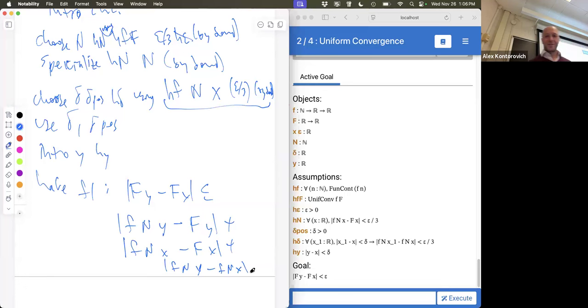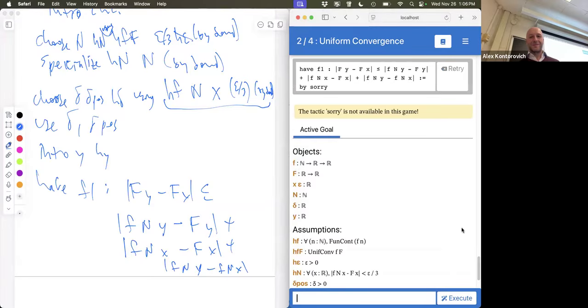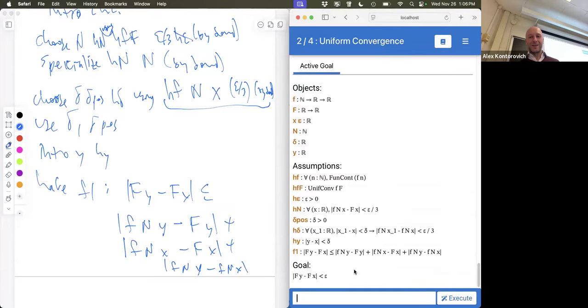In the interest of our sanity, Fy minus Fx is less than or equal to, if you can get within, I'm just adding and subtracting the same thing: Fnx minus Fx and Fny minus Fnx. Okay, everybody believes this trio?